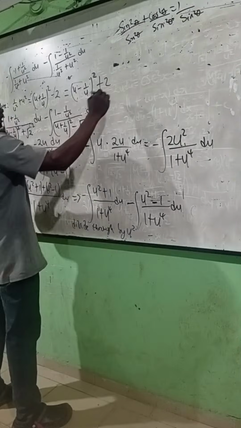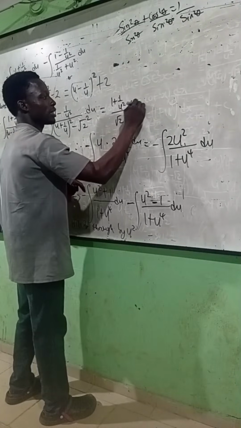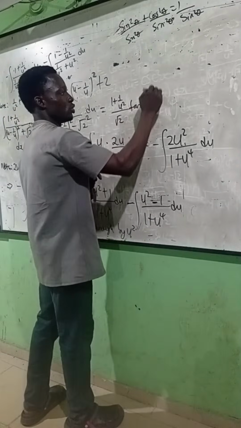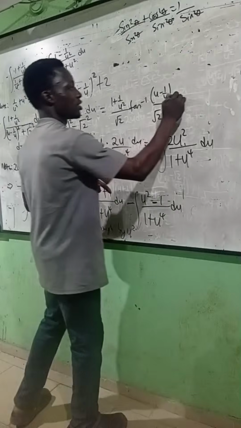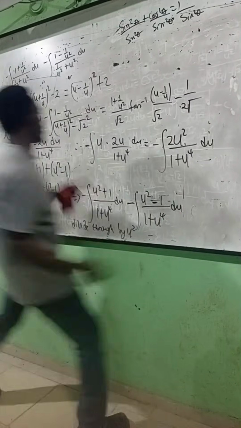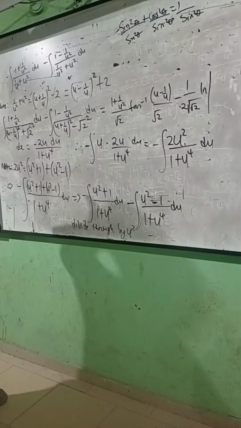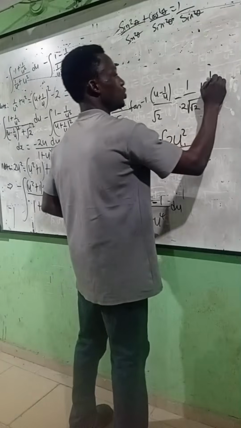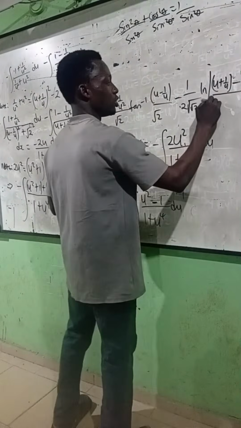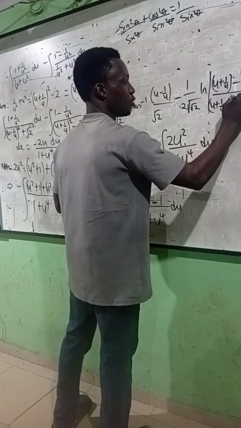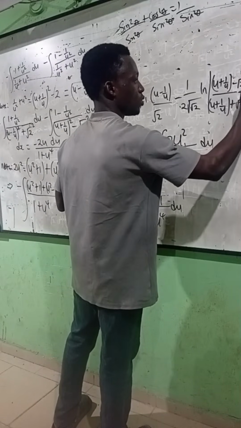So my final answer is 1 over root 2 tan inverse of u minus 1 over u divided by root 2, minus 1 over 2 root 2 ln absolute value of u plus 1 over u minus root 2 over u plus 1 over u plus root 2, plus c.